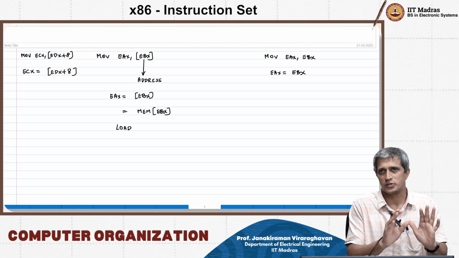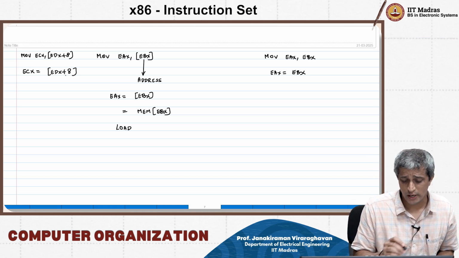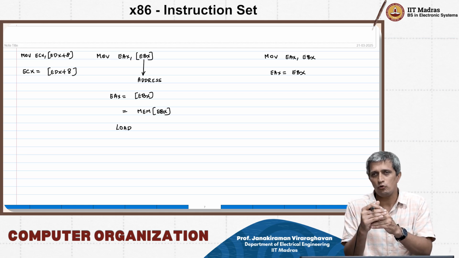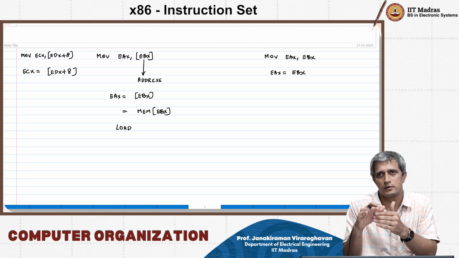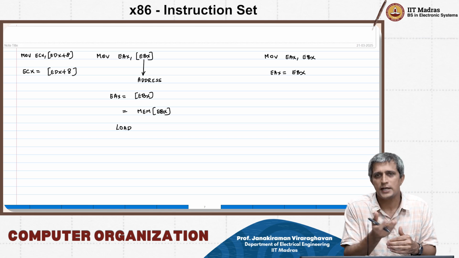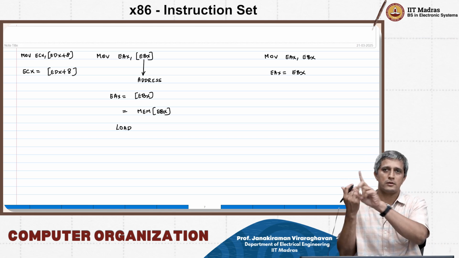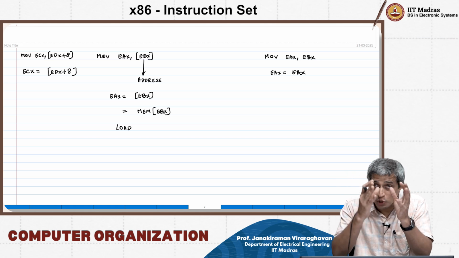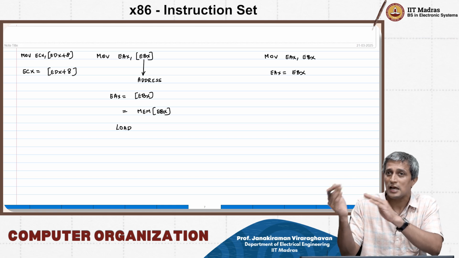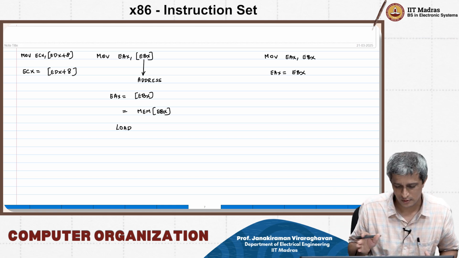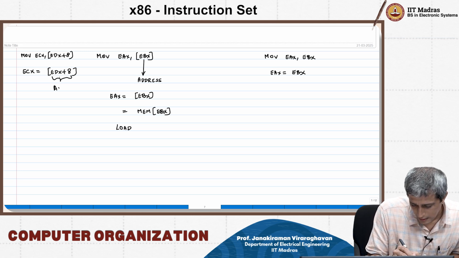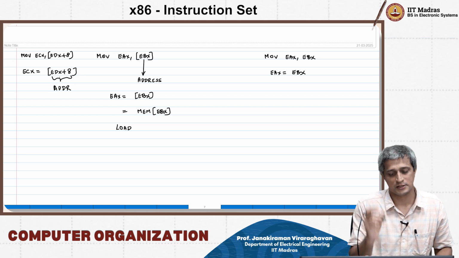What this is basically doing is reading the value of EDX, which is the register value, and then adding an offset, let's say using the ALU, an offset of 8 to it, and putting that value onto the address bus, reading it from the memory. That data bus is then written into ECX. This value is treated as an address.